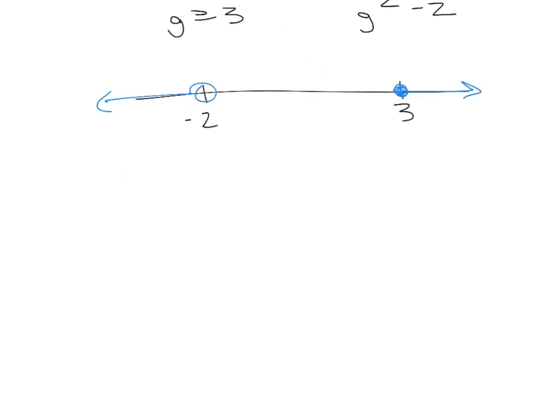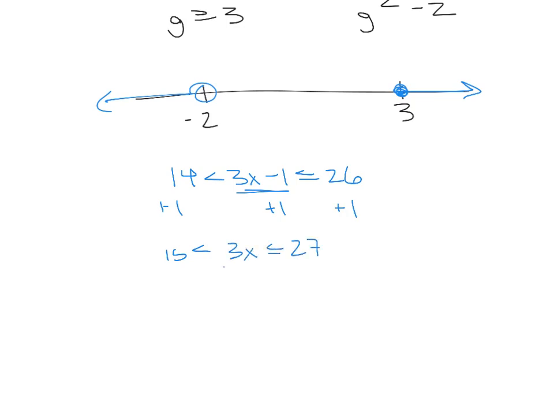And the last problem, 14 is less than 3x minus 1, which is less than or equal to 26. Start in this term, get the constant out of there by doing the opposite. So then we have 15 is less than 3x, which is less than or equal to 27.